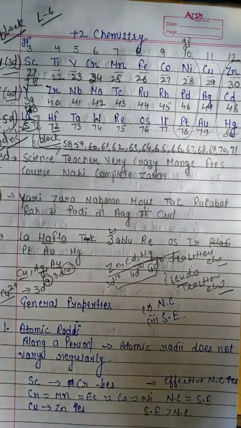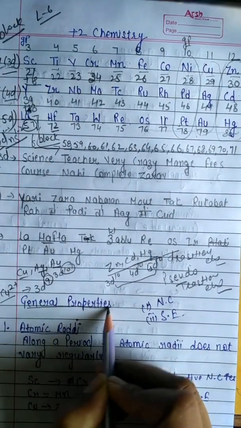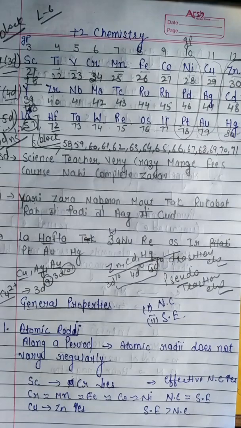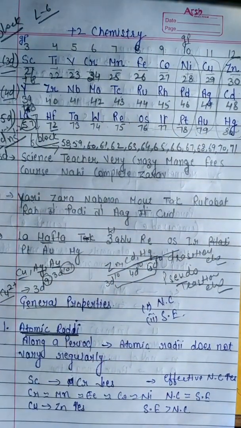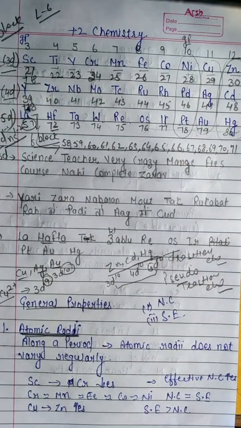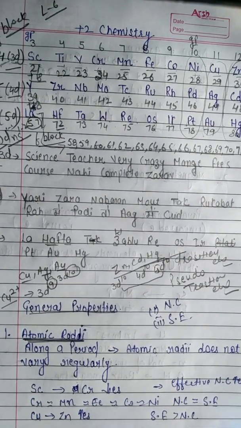Next, we discuss the general properties. The first is atomic radius. In previous lectures, we discussed p block elements.